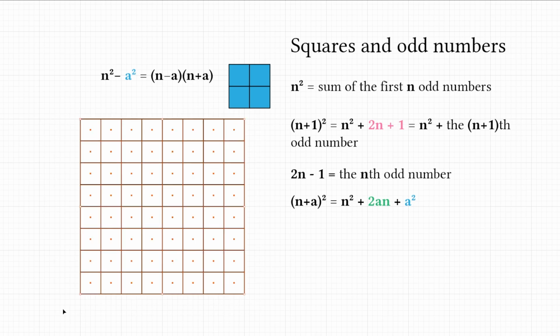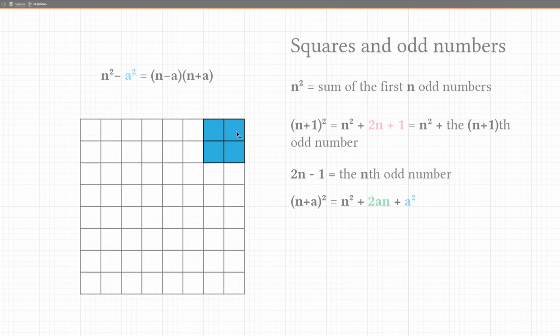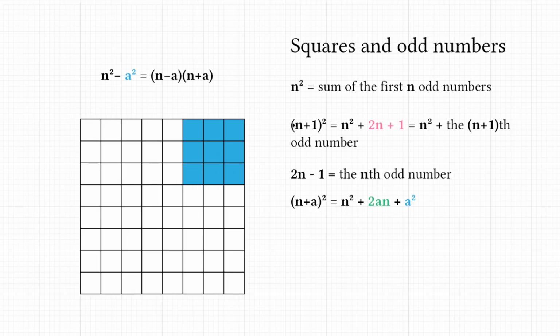This will be our positive square, and this will be our negative square, and I'll put the negative one on top of the positive one and see what happens as I increase the number a. What happens is, of course, the negative number grows by the next odd number, like we know all squares do as we increase them, right? This is this formula right here.